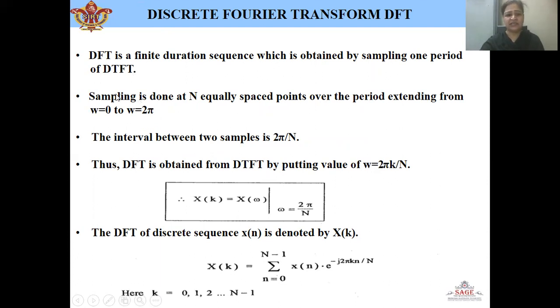Now we know that DTFT is periodic with period 0 to 2 pi. So sampling will be done at N equally spaced points over the period.